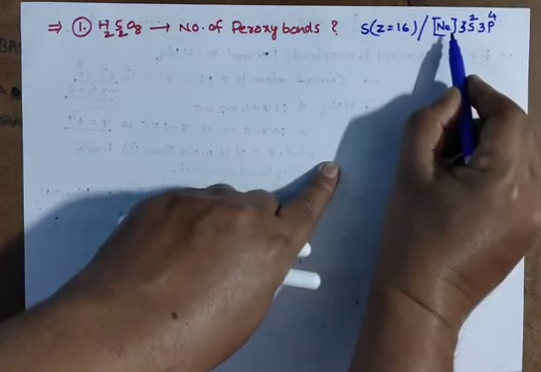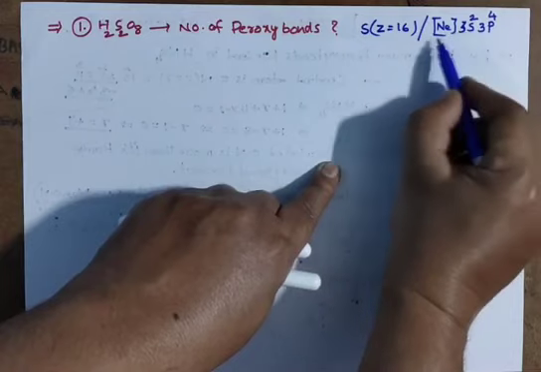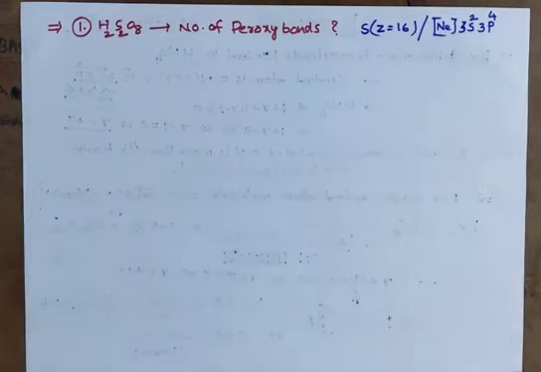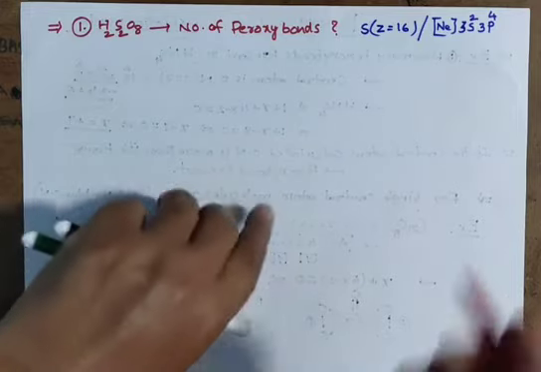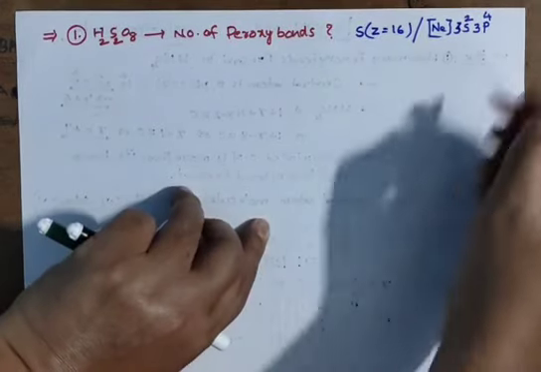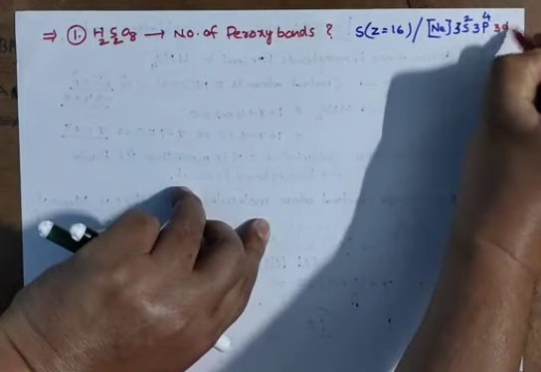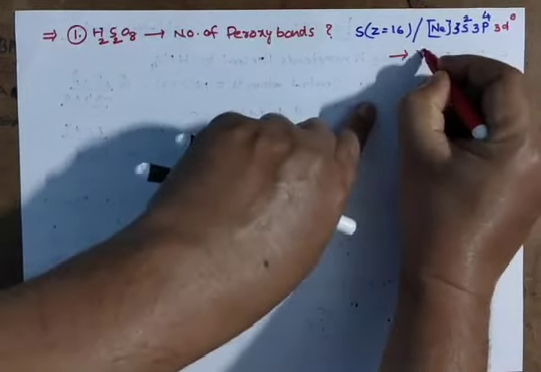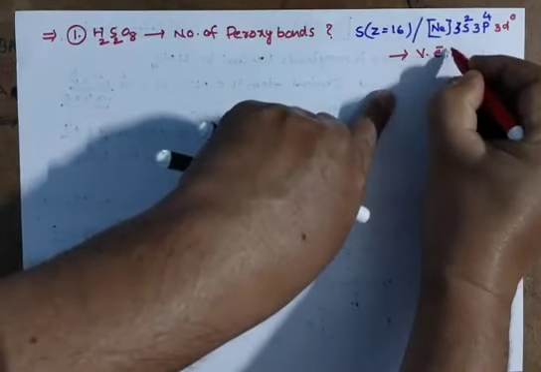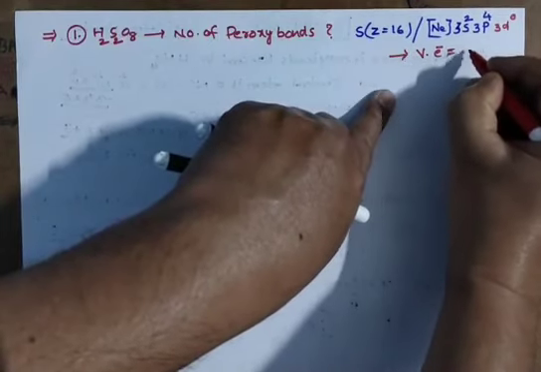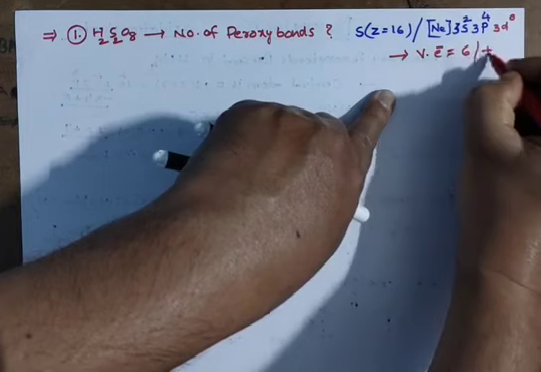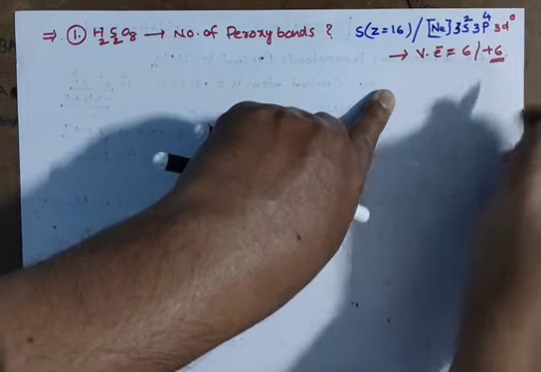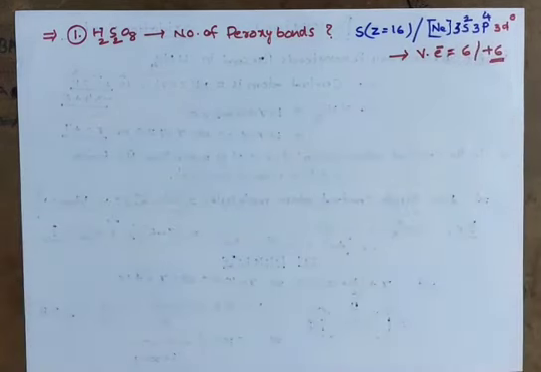Clear? 10, 12, 16. How many electrons are there in the valence shell? 6 electrons are present. 3d0 also we can show. So in the valence shell, valence electrons are 6. That's why it can exhibit a maximum of plus 6 oxidation number.